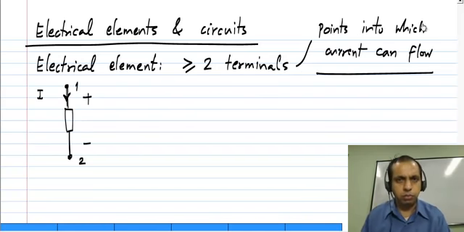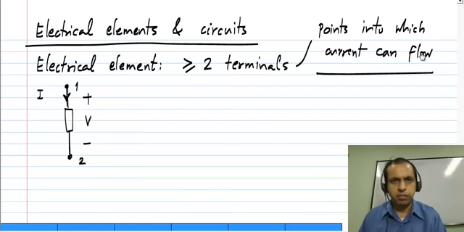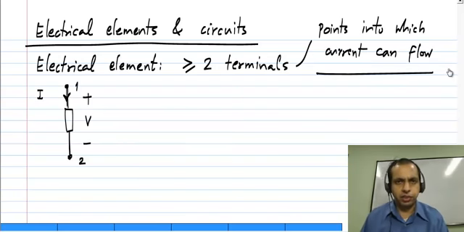In this case, we have only one pair of terminals and we have just a single voltage that can be measured. The key point is that we'll only work with the relationships between V and I, that is V between the terminals and I going through the terminals. That's good enough for us. We don't need to worry about the internal details. The internal details are required for designing the element, but not for circuit analysis.